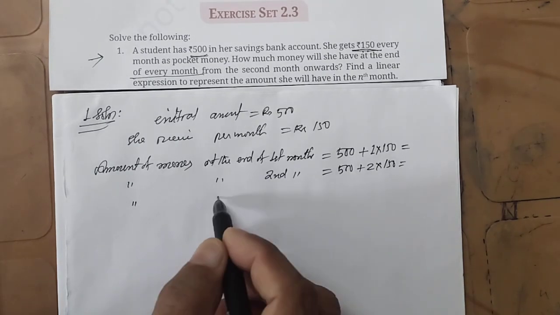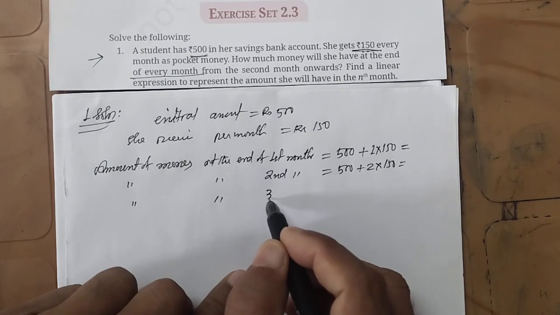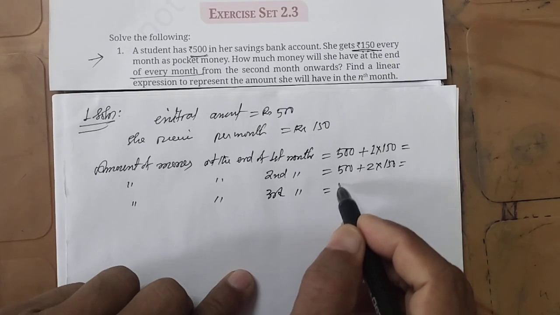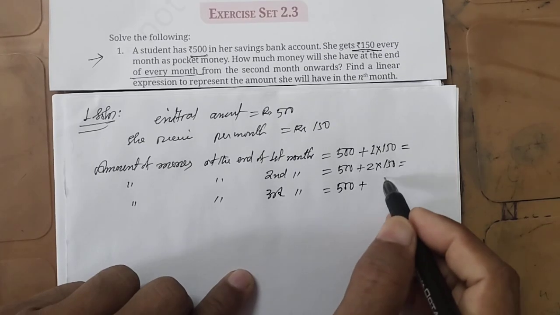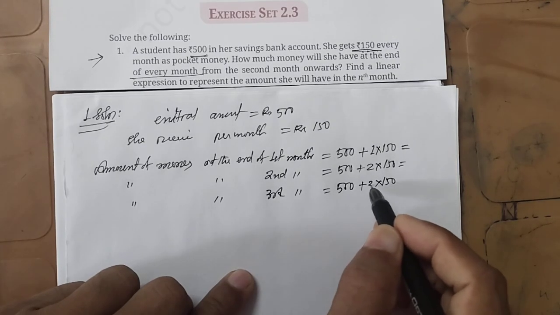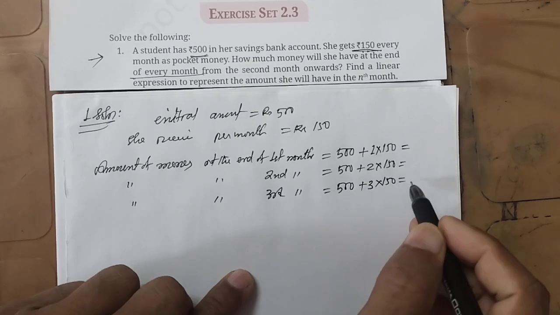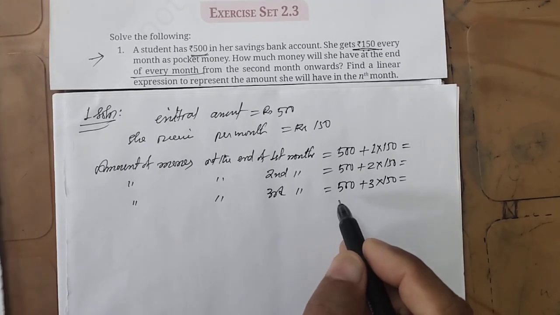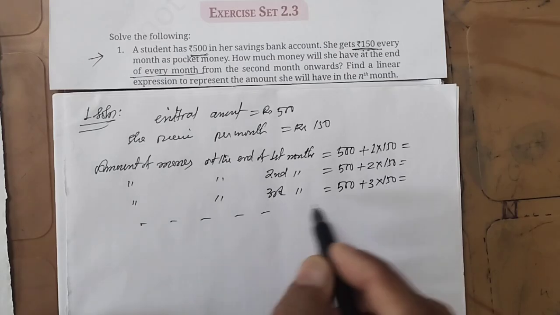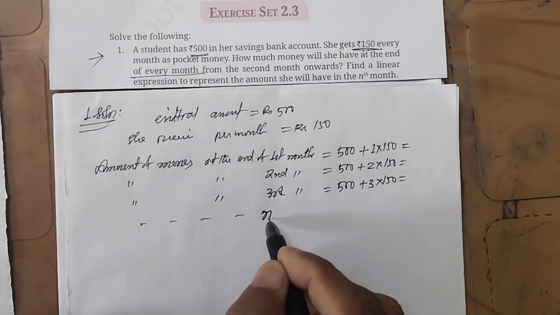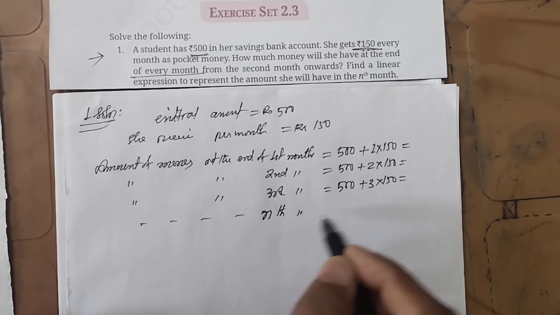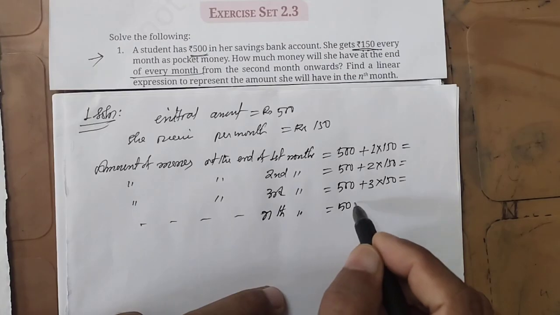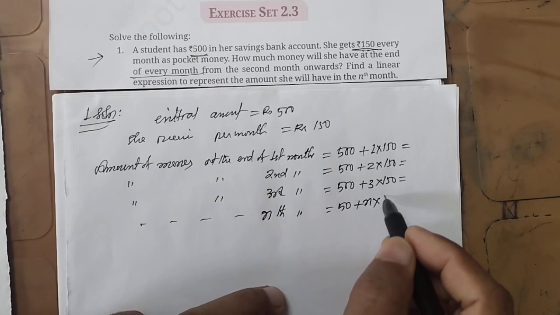Then at the end of third month, 500 plus this 150 rupees she got 3 times. If you multiply and add, you will get the answer. So it will go on like this. So at the end of nth month, it will be 500 plus n times 150.